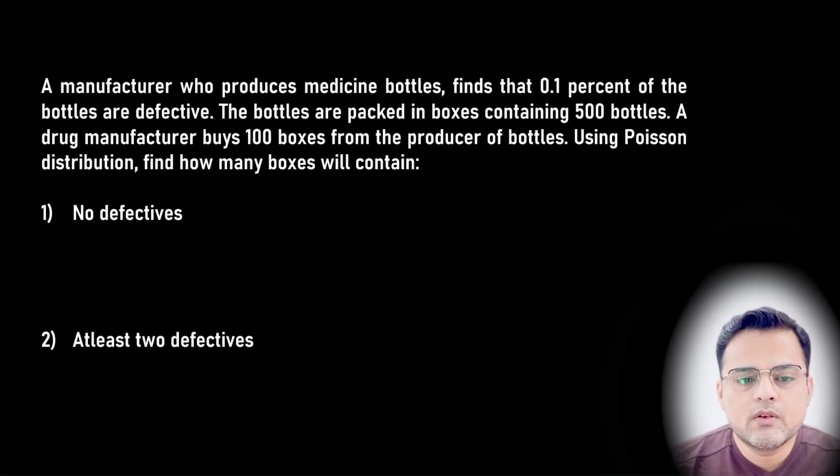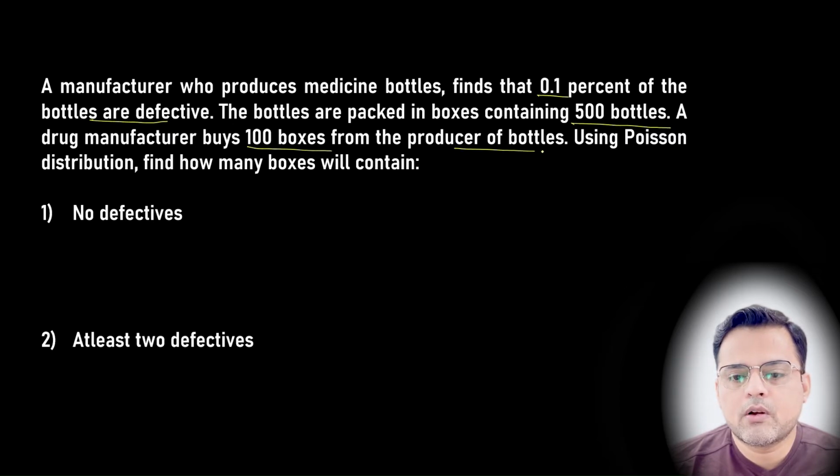A manufacturer who produces medicine bottles finds that 0.1% of the bottles are defective, and the bottles are packed in boxes containing 500 bottles. So you are aware of the average, and a drug manufacturer buys 100 boxes from the producer of bottles. Using Poisson distribution, find how many boxes will contain no defectives or at least 2 defectives.